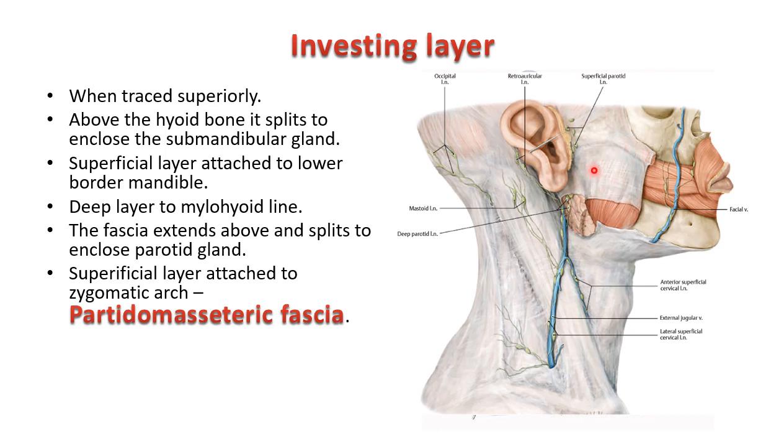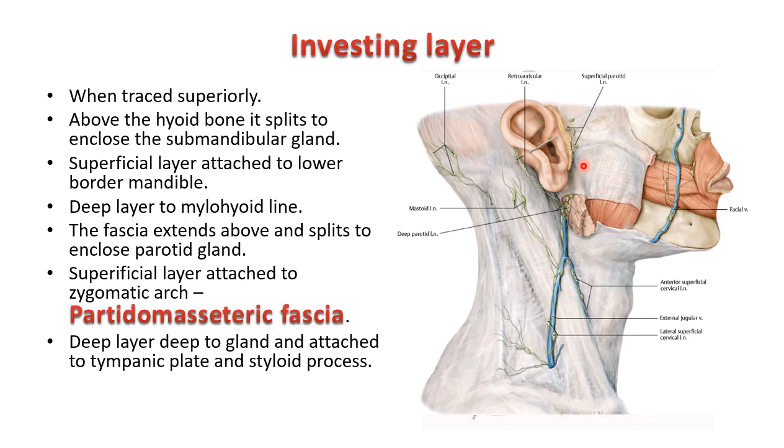This fascia is very strong over the parotid gland and the masseter muscle and is called the parotidomasseteric fascia. The deep layer attaches to the tympanic plate and the styloid process, and you see a thickening of this fascia from the angle of the mandible to the styloid process, which is called the stylomandibular ligament.